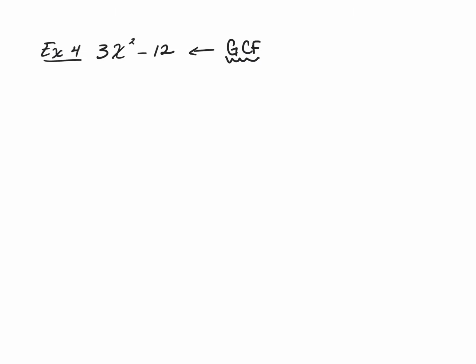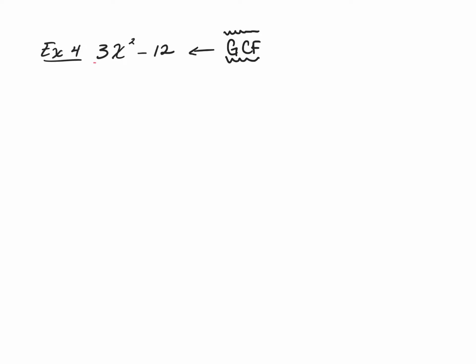The first couple examples, I just went over the skill for factoring a difference of squares. Now, whenever factoring, you should always be looking for a GCF. And a GCF is simply something that divides each term, whether it's a degree or a multiplier, something in common between the terms.